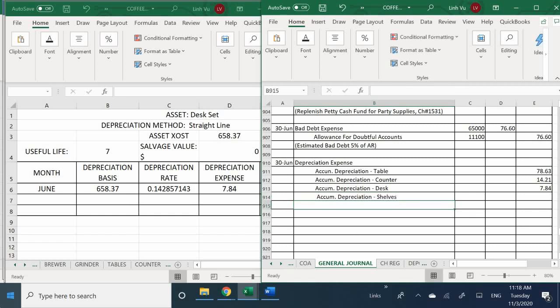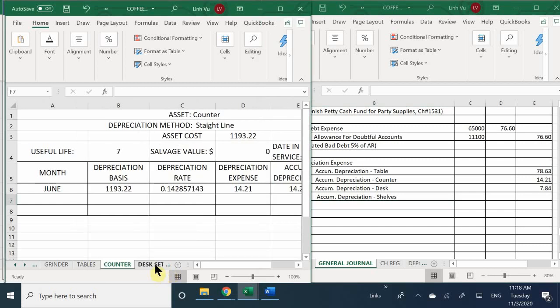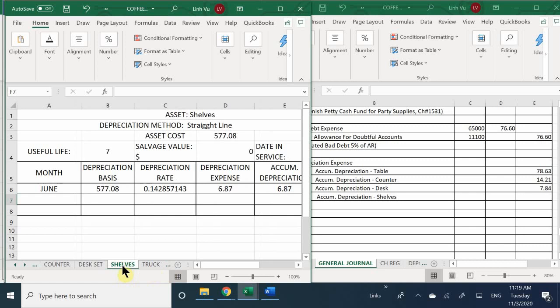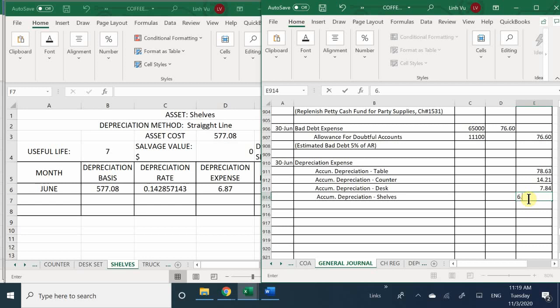All right, and for my display shelves, how much did I actually calculate? $6.87. Okay, $6.87. All right.